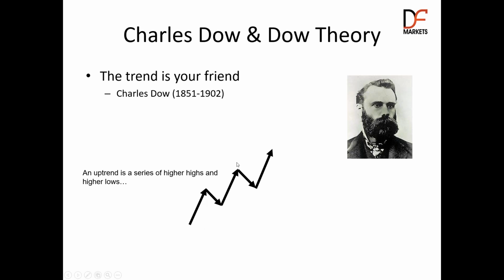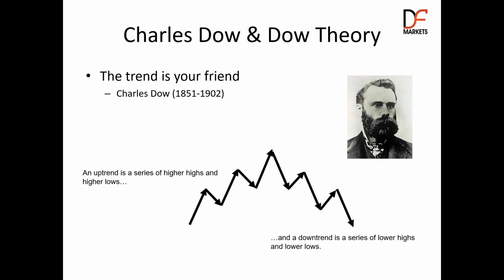All the time, if you're looking at a chart and it's doing that, then you are in an uptrend, a rising market, and you want to be long, really. You want to own stuff that's going up. How do you do that? You can buy dips, and we're going to talk about lots of different ways of trying to enter trades in line with the trend as we go through the 10-week course.